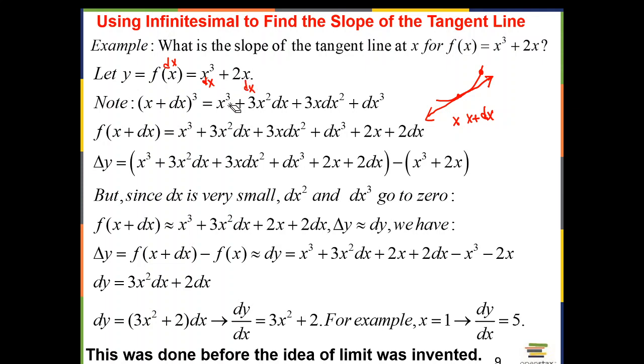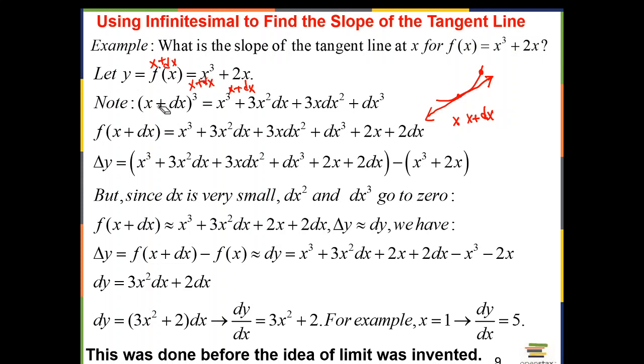So we have to put x plus dx here. Sorry, I missed the x. x plus dx here and x plus dx here, right? That's the y value for this point. So let's do that. What is f of x plus dx? We have to put x plus dx here, expand it, and see what we get.